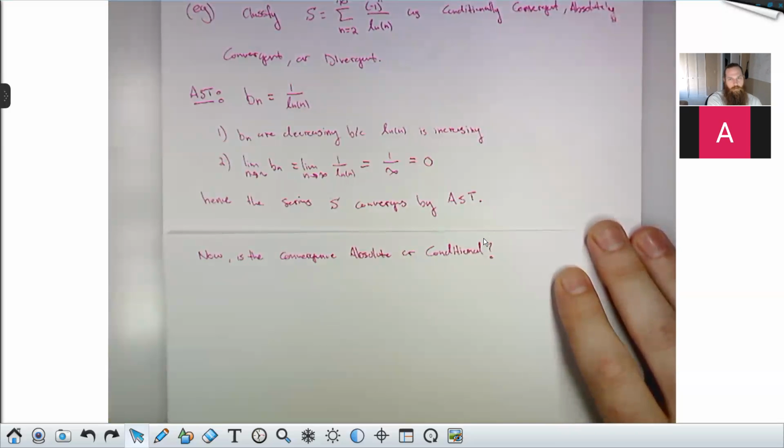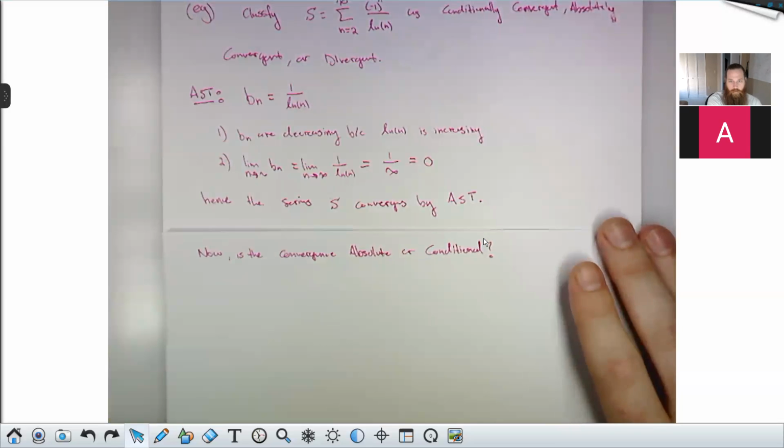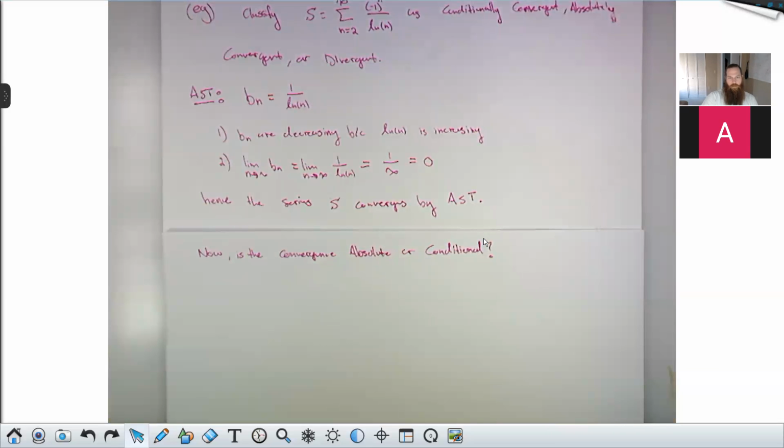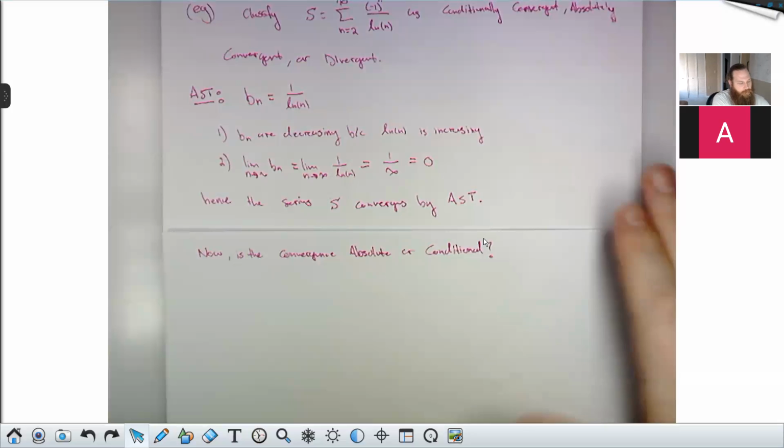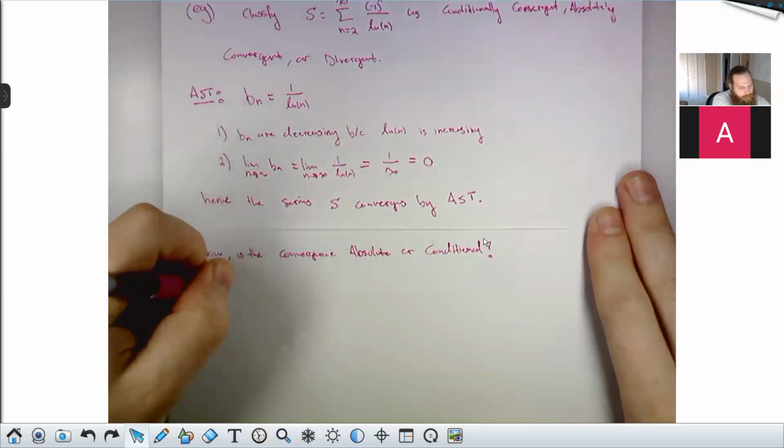That's the question. We know it doesn't diverge. We know that the series converges because it passes AST. To answer the lingering question, is the convergence absolute or not? We look at the related series.